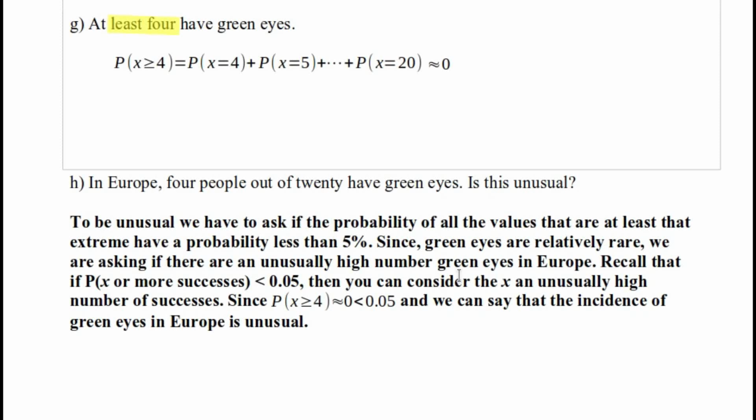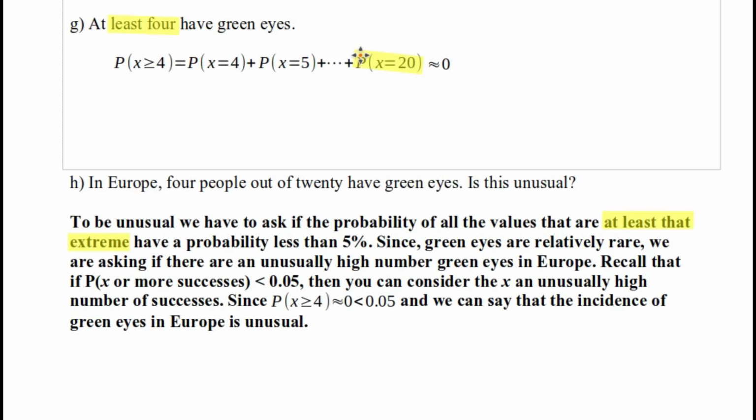To be unusual, we have to ask if the probability of all the values that are at least as extreme, and that's an interesting way to put it, we'll circle back to that phrase, at least that extreme, have a probability of less than 5%. Remember that only 1% of the world's population has green eyes, so the most extreme case here is that all 20 people in our random sample, if indeed it was random, have green eyes.